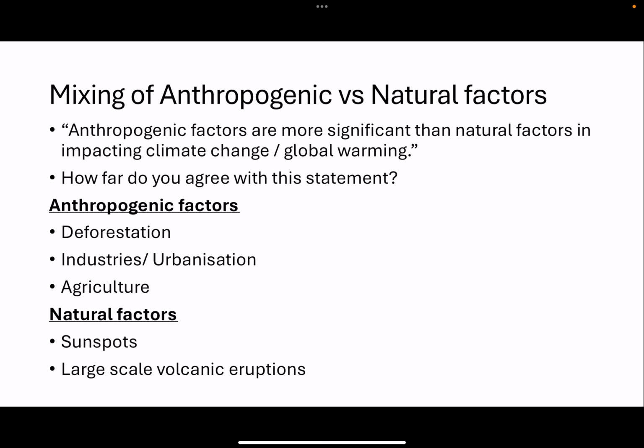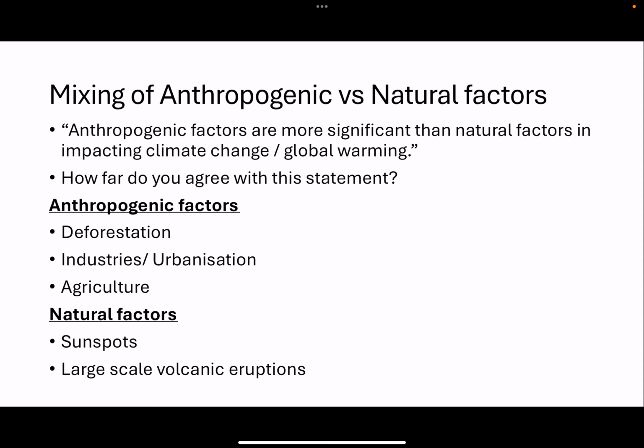Okay. Then the other thing is, of course, the rise of commercial agriculture and its impact on global warming and climate change. Right. So once again, natural factors, you have your two. Okay. There's no one way to argue which is the best, which is the most damaging. But do remember, anthropogenic factors are ever increasing because human population is ever increasing.